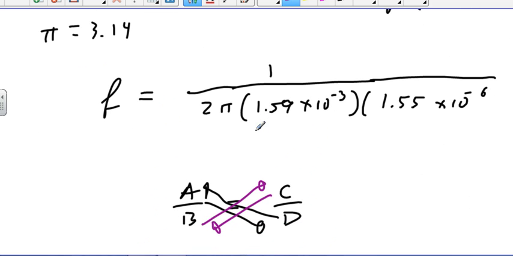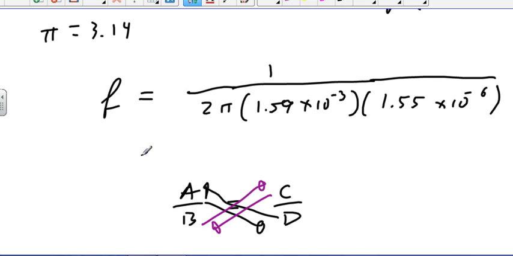Anyway, back to that problem there. Can we do it in our head? Probably not, huh? Okay, so I've got... No, I don't. I have to quit my numeric solve. 1 divided by, parentheses, 2 times pi times 1.59 double E minus 3 times 1.55 double E minus 6, close parentheses, enter.